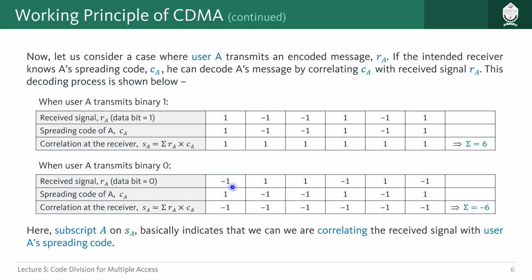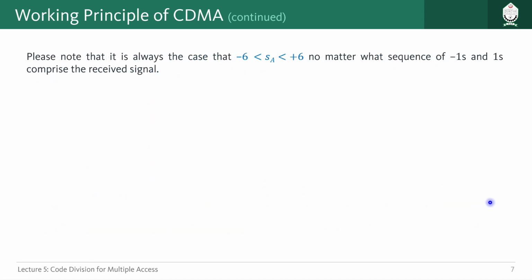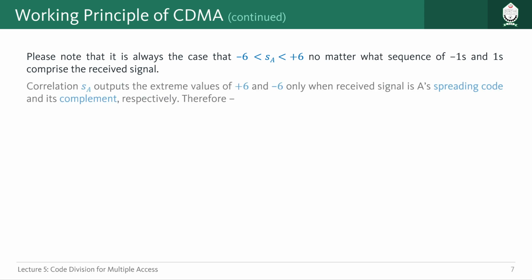So the spreading code was resulting in the maximum value +6, and the complement of that after correlation was resulting in the minimum value. So maximum and minimum value for this particular correlation happens whenever we get user A's spreading code or the complement of that as received signal.